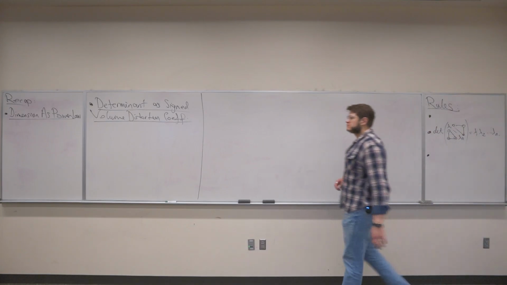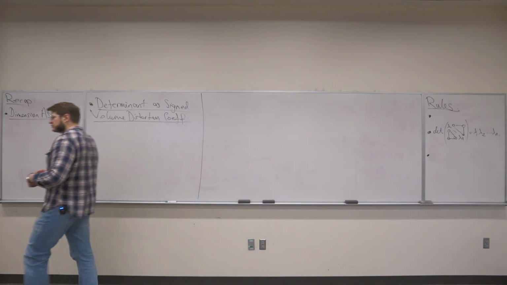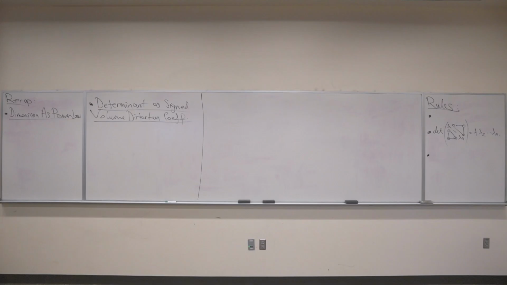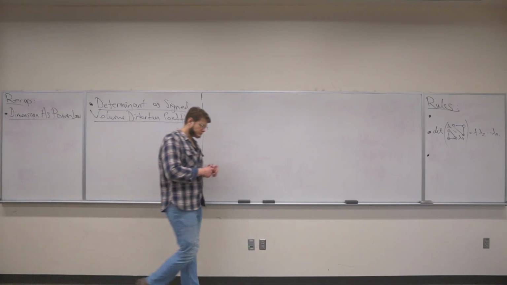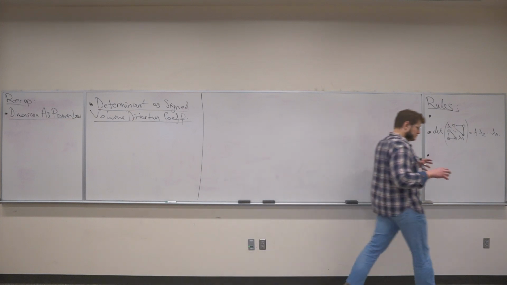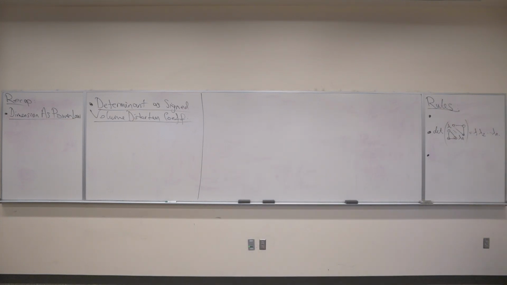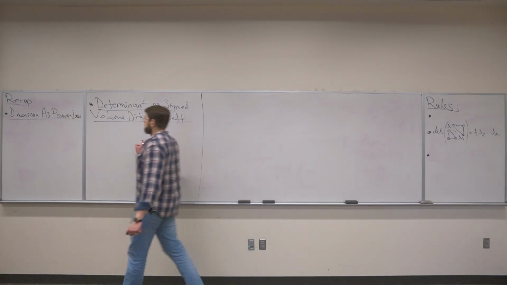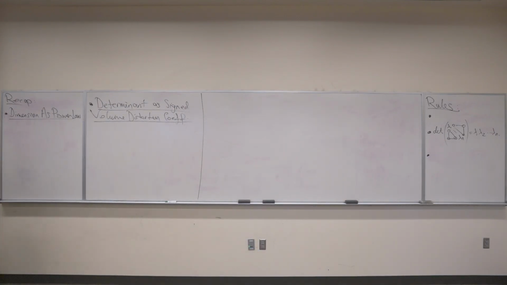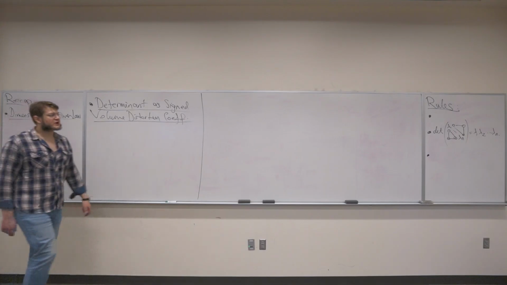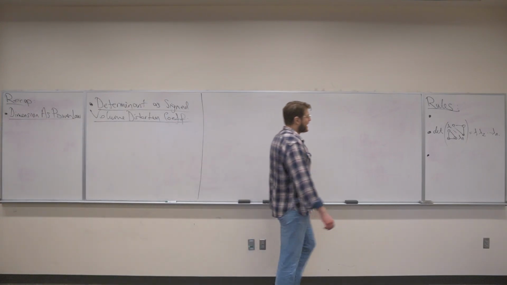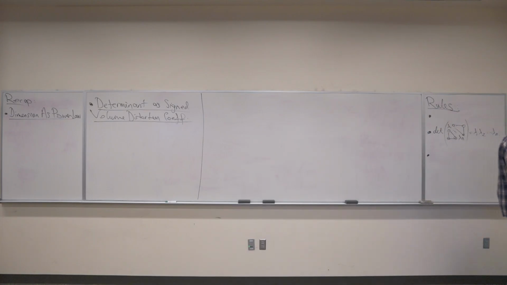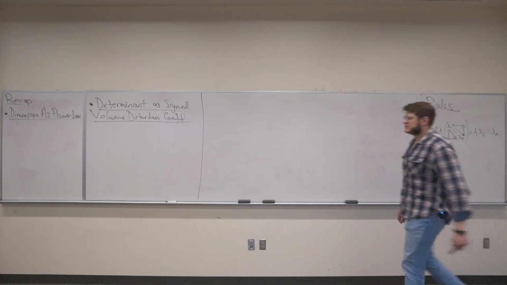I was developing certain rules coming from this idea that dimension essentially is a power law, and determinant really is the volume distortion coefficient. So we think of square matrices as transformations, and we're developing what algebraic properties determinants should have based on this intuitive idea. So let me remind you of some things.